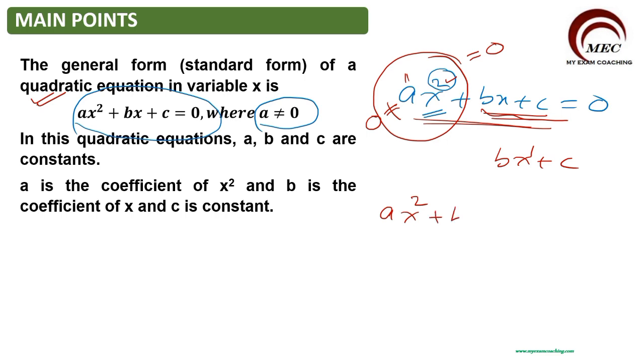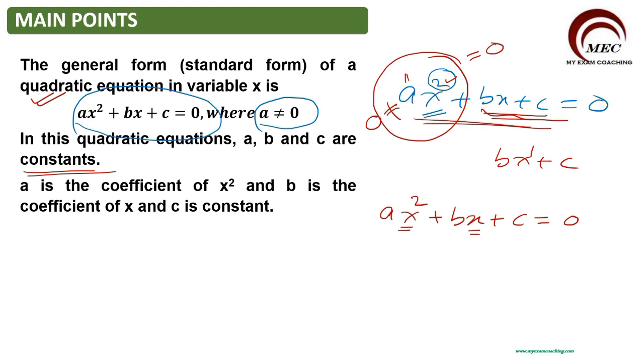Ax square plus bx plus c equal to 0, where a, b and c are called constants. A, b, c are normal numbers. They are constant numbers, and a is the coefficient of x square, b is the coefficient of x, and c is a constant.